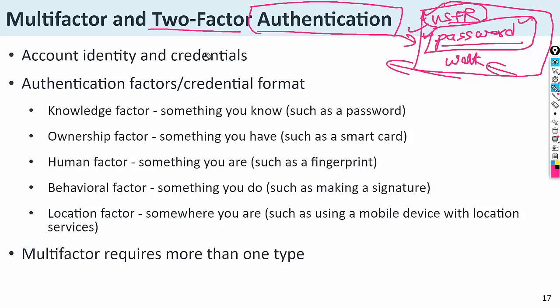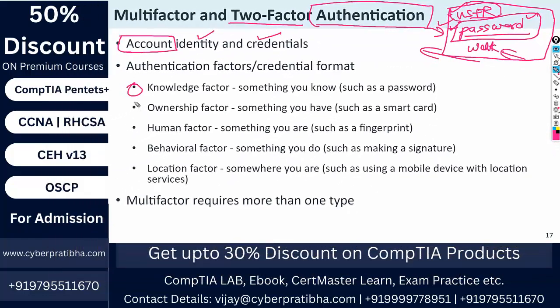Generally, authentication happens based on the identity and credential, meaning username and password. When two or more factors are used for authentication, it is known as multi-factor. When only two factors are used, it is known as two-factor authentication.